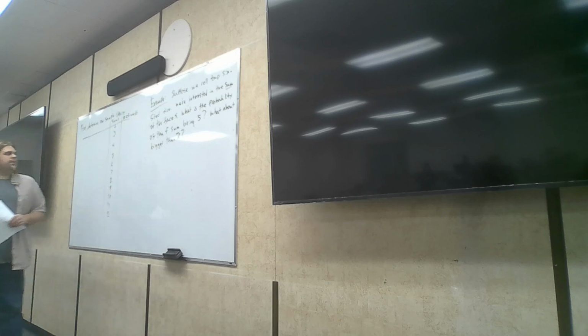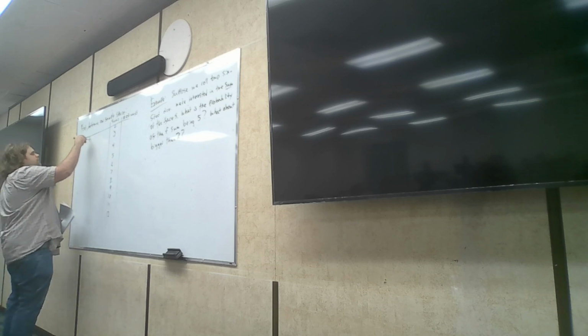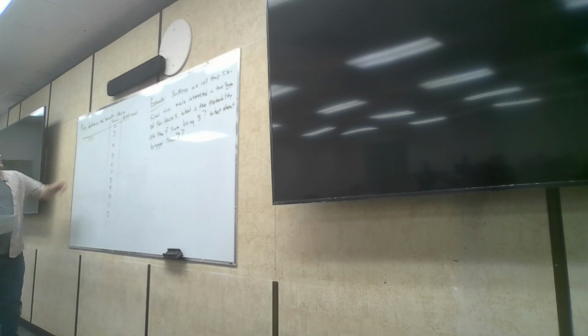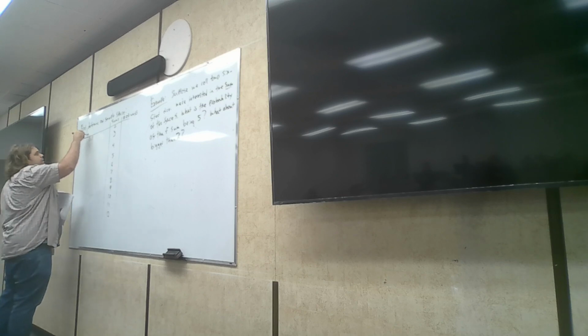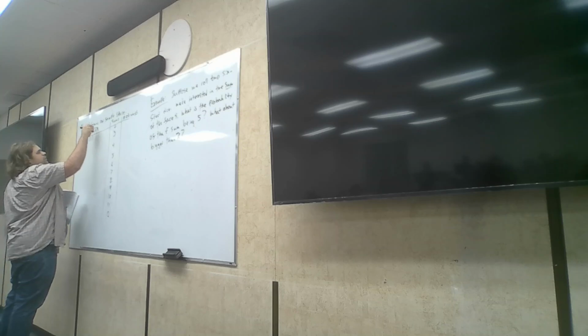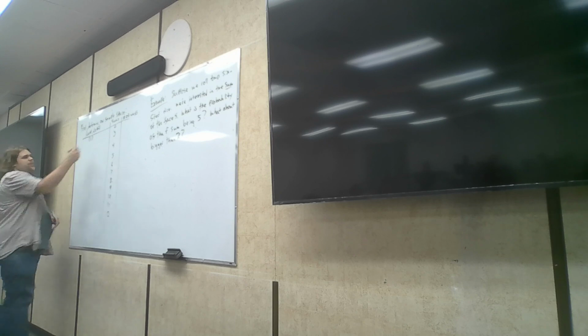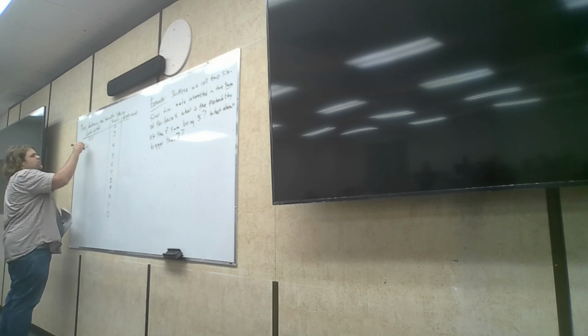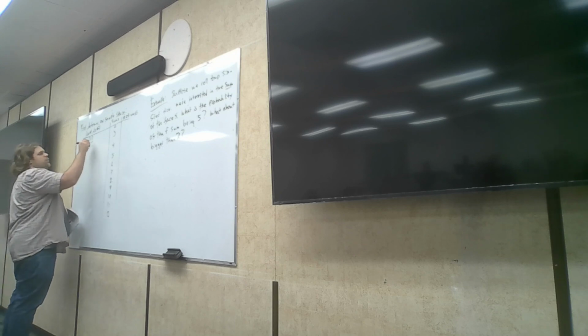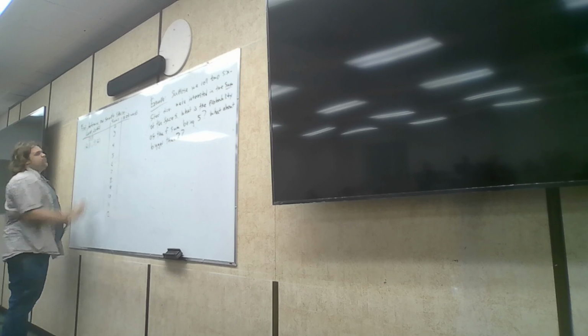So this first one, 2, is easy. There's only one way to do it, right? Roll snake eyes. So I'm saying this is die number 1, comma, die number 2. Okay, that's the only way to do that. So for 3, you can roll a 2 and a 1, or you can roll a 1 and a 2.